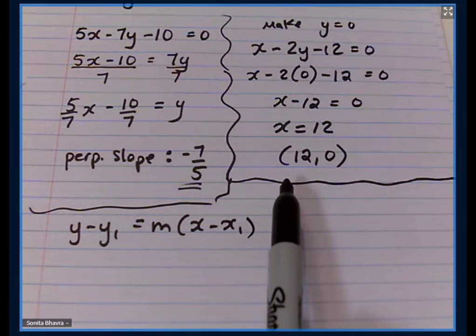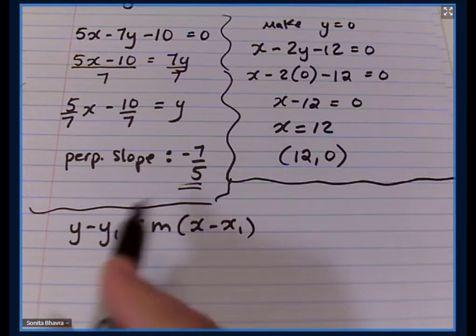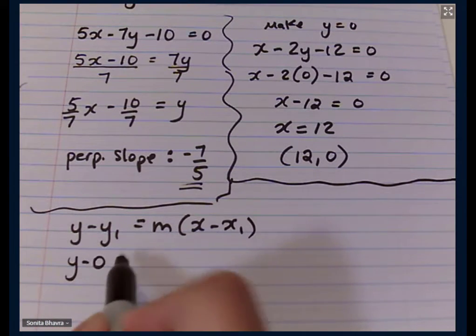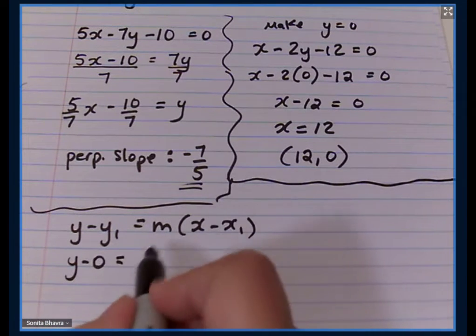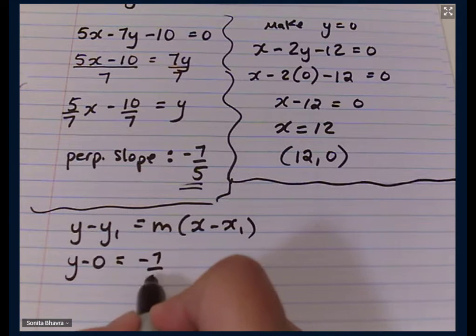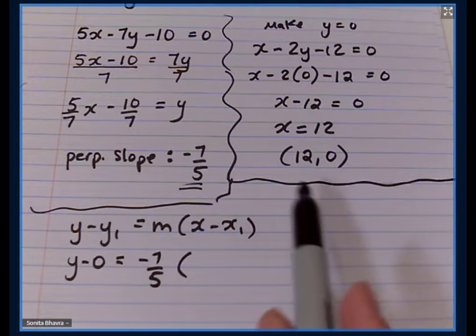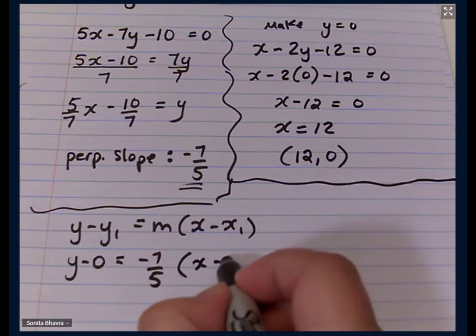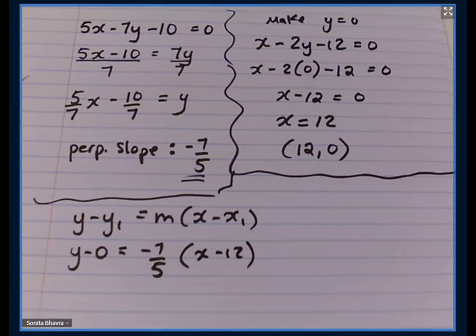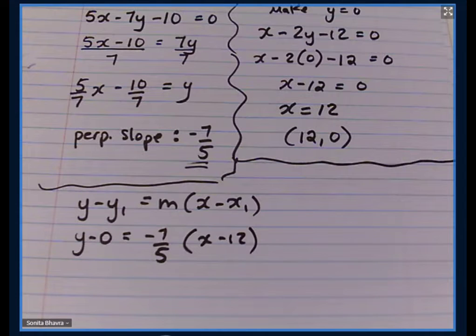So y minus 0, our slope is negative 7 over 5, and then our point for x is x minus 12. There's our equation in slope point form.